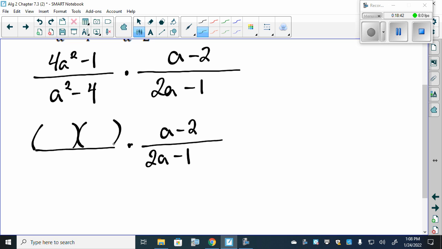So 4a squared minus 1 would factor to 2a minus 1 and 2a plus 1. And really where we put the plus and minus, which one goes first really doesn't matter. So I really could have had 2a plus 1 times 2a minus 1, and that would have been the exact same thing. It's really personal preference if you want to put the plus or minus first.